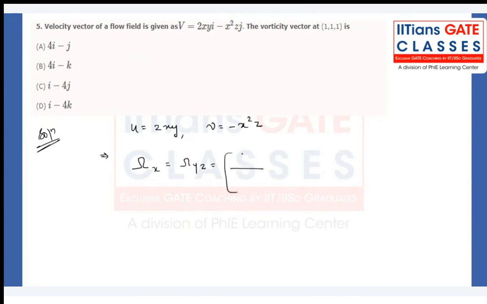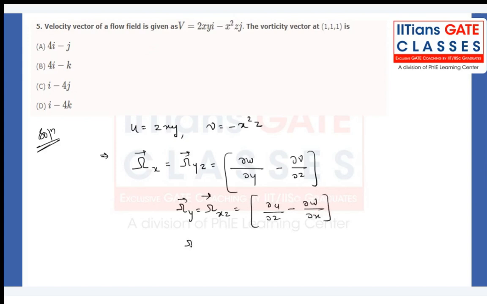Then what can we write? dou w by dou y minus dou v by dou z. What is it about the y-axis? What is it about xz? This we can write as dou u by dou z, dou w by dou x minus dou u by dou y.